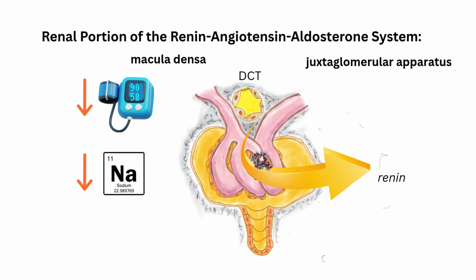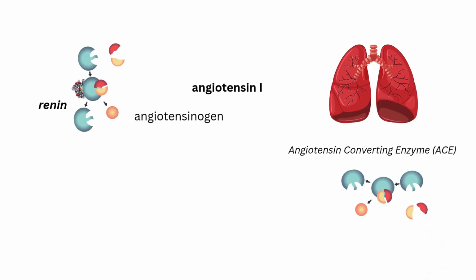When the JG apparatus senses low blood pressure and plasma sodium, it triggers the secretion of the hormone renin. Renin enzymatically catalyzes the conversion of angiotensinogen to angiotensin 1, which goes to the lung alveoli.